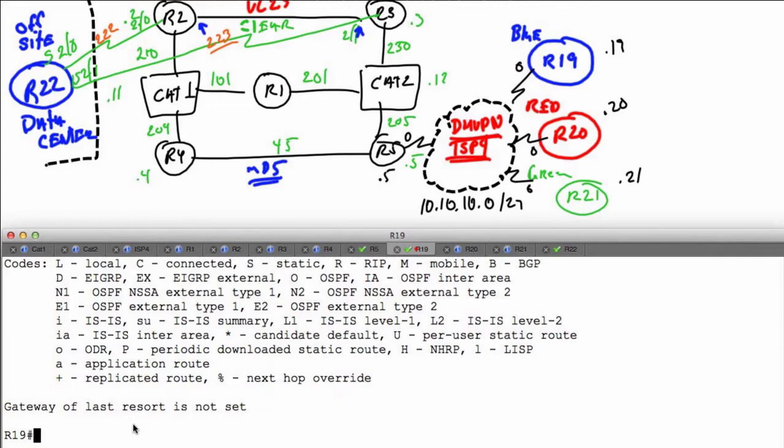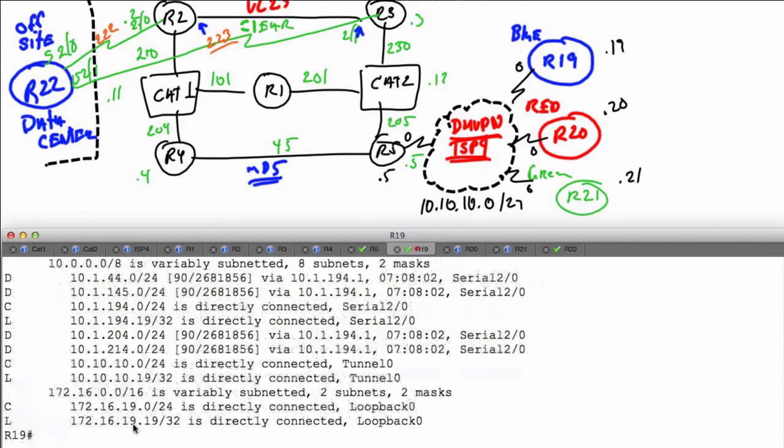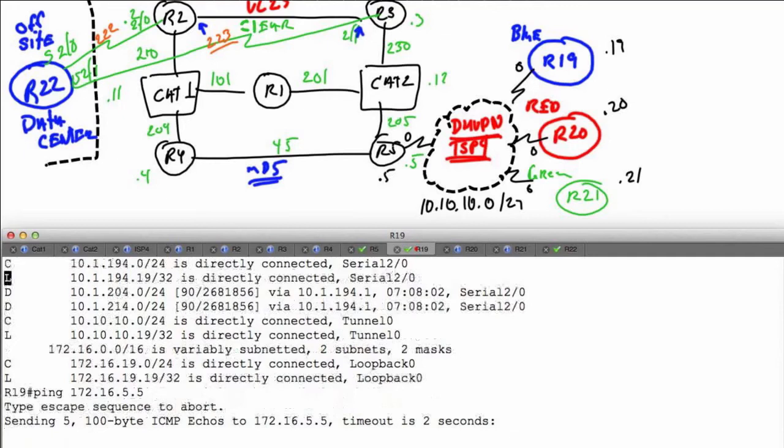So the question is, why aren't we learning any information? So show IP route gives me EIGRP, which we're currently not studying, connected, my local interfaces, and that's it. So the question is, can I even ping 172.16.5.5? And I can't.